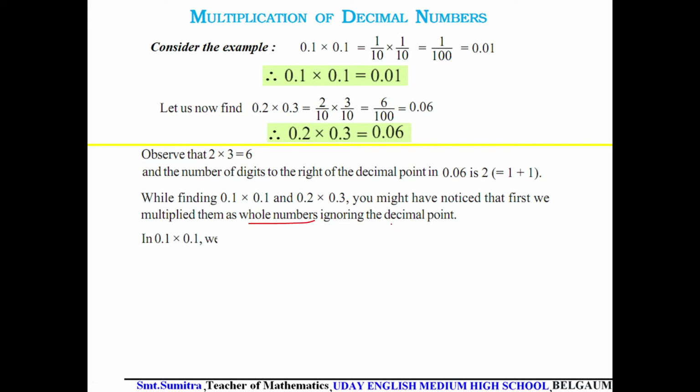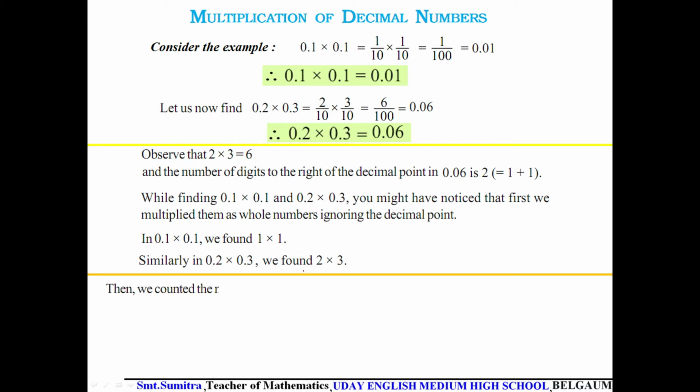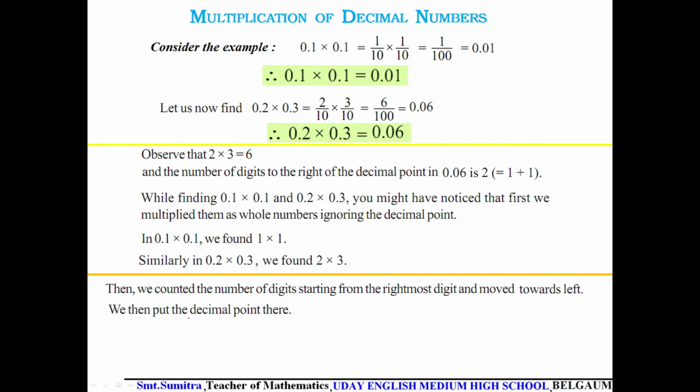In 0.1 into 0.1, we are finding 1 into 1. In 0.2 into 0.3, we are finding 2 into 3. We then counted the number of digits starting from the rightmost digit and moved towards the left. Then we put the decimal point there.